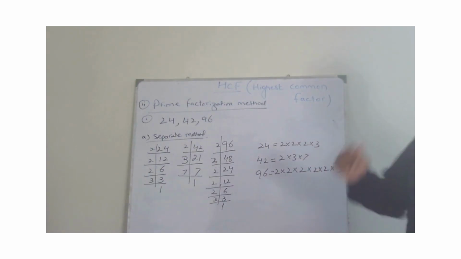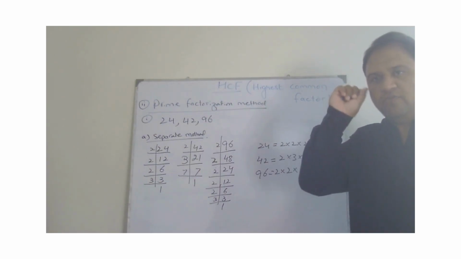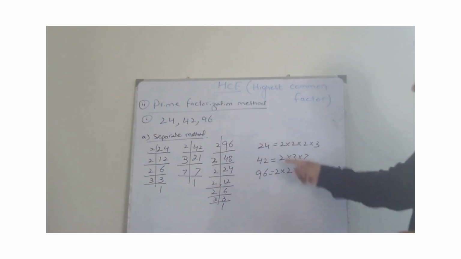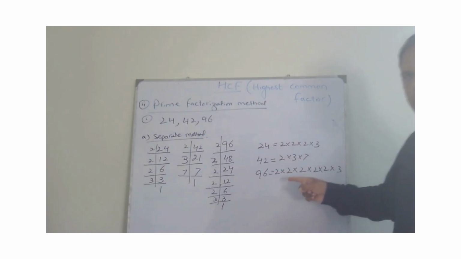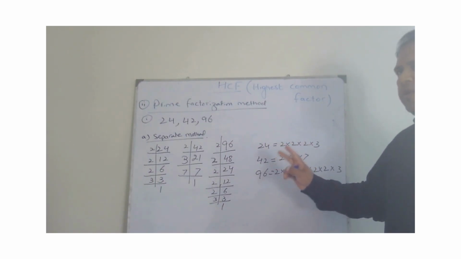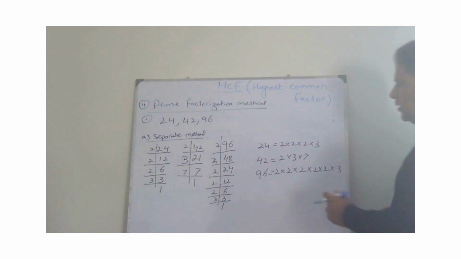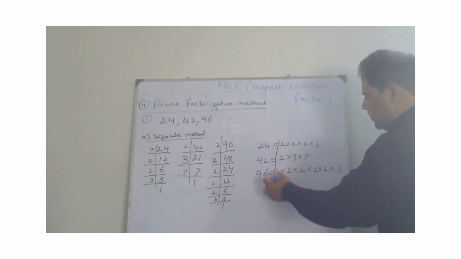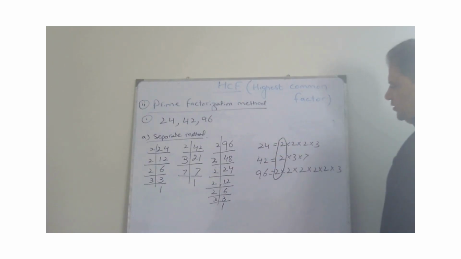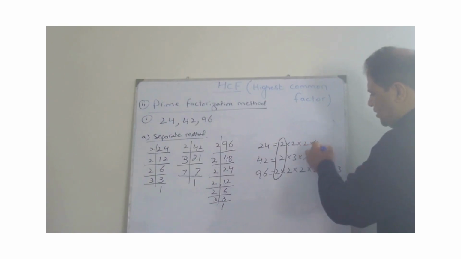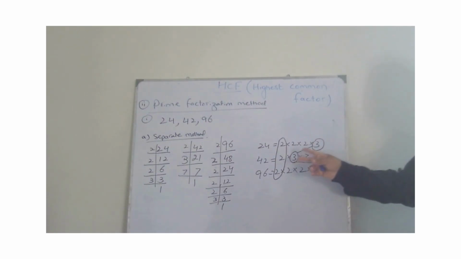Now this is important: in the HCF only that number is common which is present in all the values. If it is present in two numbers, then it is not a common number. For example, 2 is present in all three factorizations, and then 3. They both are the numbers which are common in all three values.